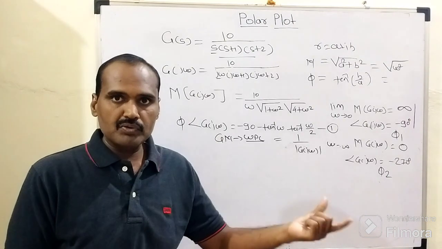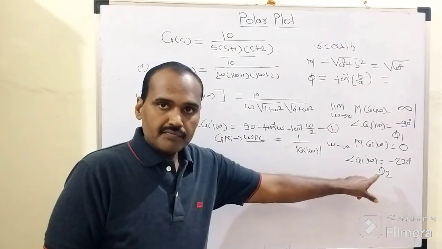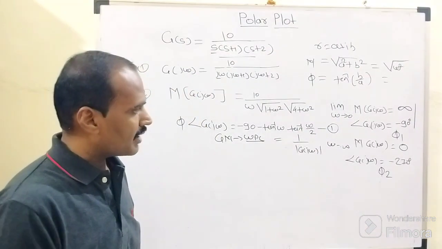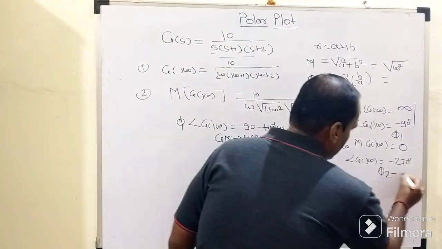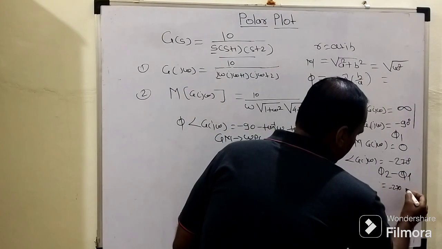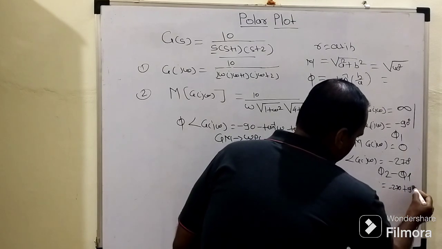So the first step towards this gain margin is the phase rotation, which is already tabulated. Phase rotation for this polar plot is phi 2 minus phi 1, where phi 2 is minus 270 degrees, and minus phi 1 is 90 degrees, so plus 90 degrees.